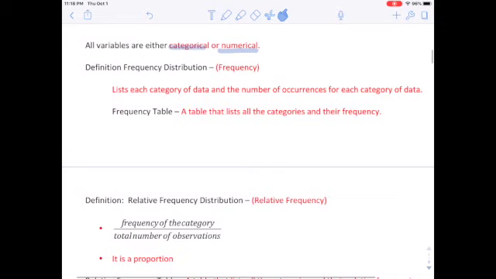Going on, what's the definition of relative frequency? In short, we're going to call it relative frequency. Relative frequency is how often that occurrence happens, or how often the category happens, over the total number of observations of the whole thing. And it's a proportion. It's going to be a fraction. Please add that on.